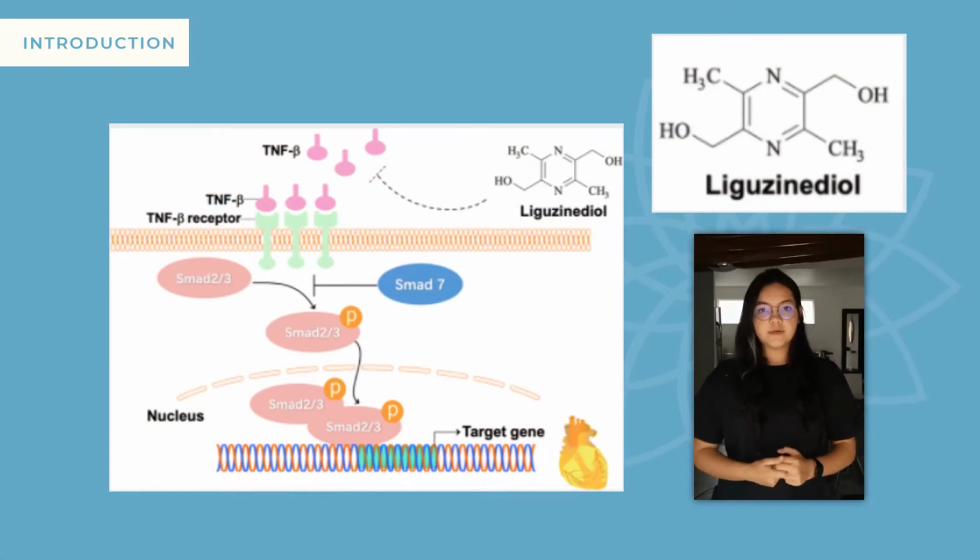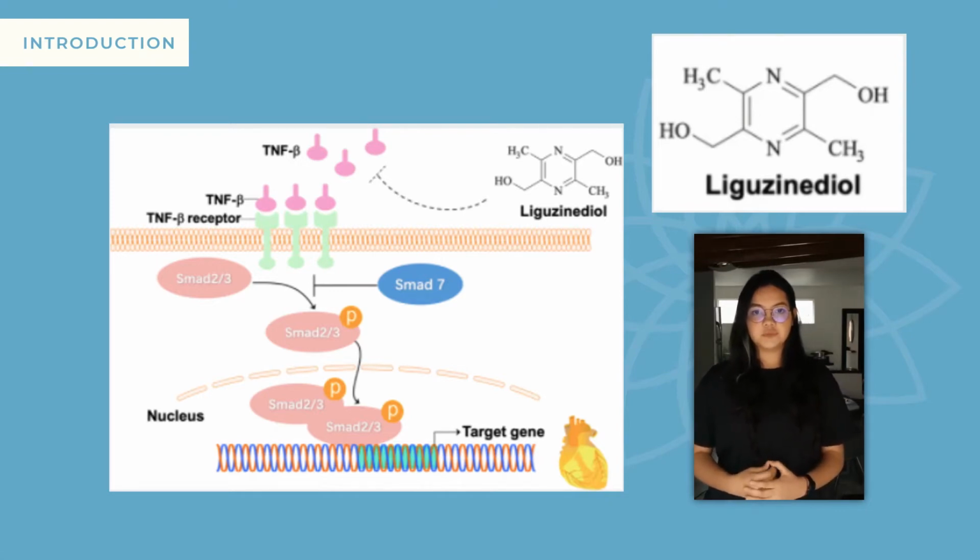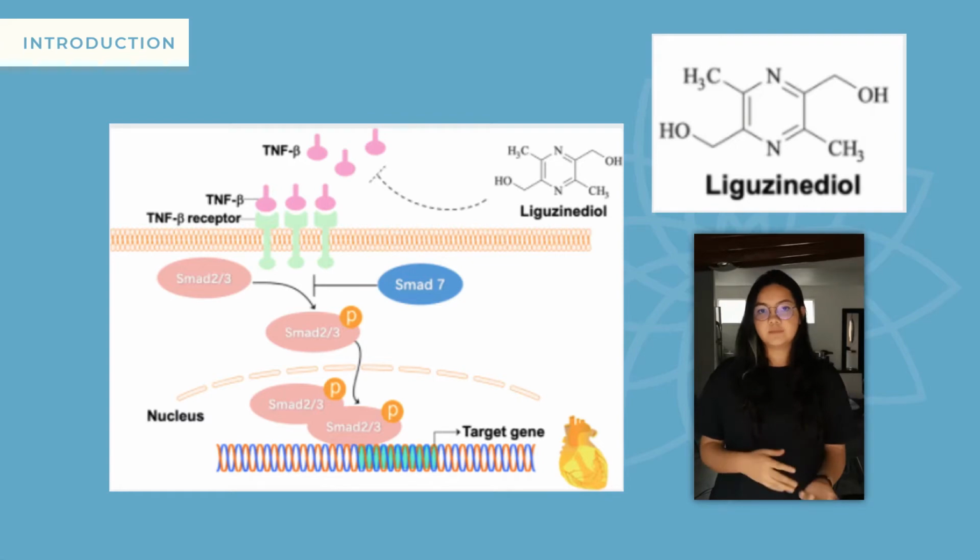Liguzinediol is a compound synthesized after the structural modification of ligustrazine, which is one active ingredient of Sichuan lovage rhizome. Liguzinediol could significantly enhance left ventricular contractility and improve the diastolic function of a rat heart without arrhythmia and other adverse effects.